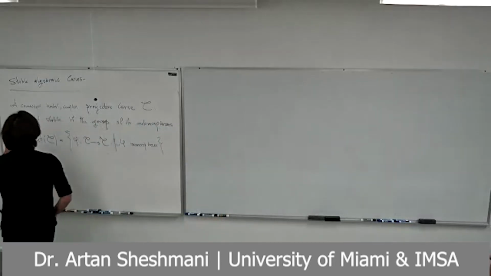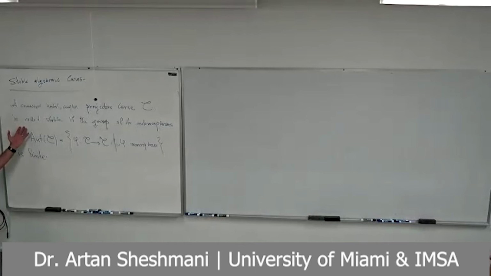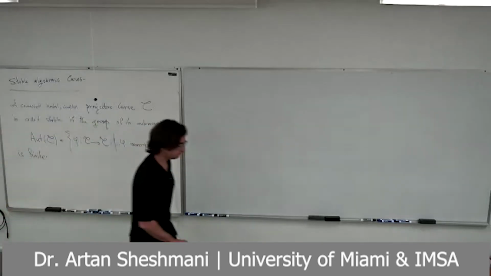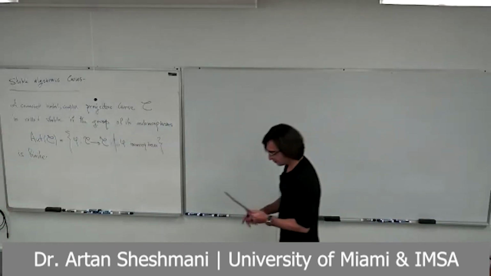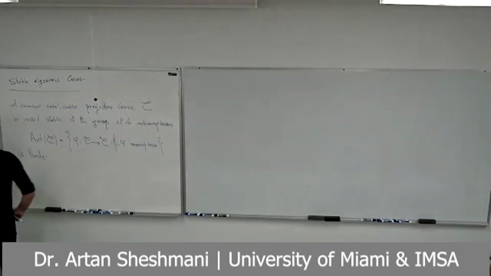We are studying first just curves themselves and the spaces that parameterize curves up to automorphisms. Then we go over, well, what if the curve is embedded in an ambient variety? Those are maps. We call them stable maps. So a stable curve is just the domain of a stable map. Layer by layer. As long as the automorphism group is a finite group, we call it a stable curve. As easy as that is. That's the definition.